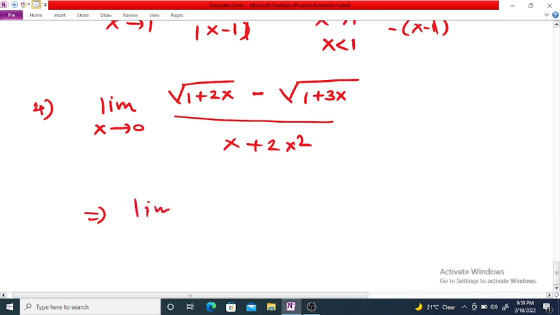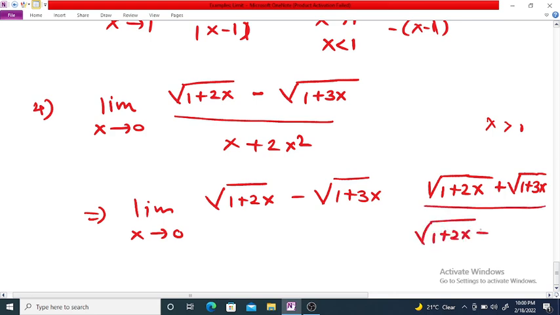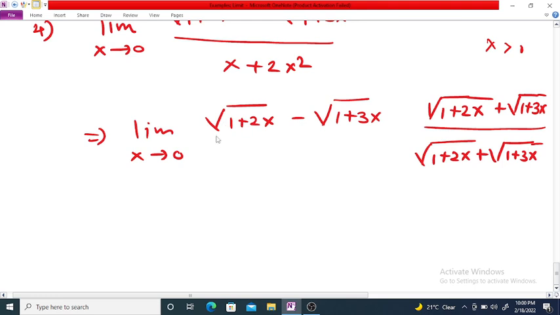Now if we multiply and divide by the opposite sign, under root of 1 plus twice x plus under root of 1 plus thrice x, where x is greater than 0, divided by x plus twice x square.